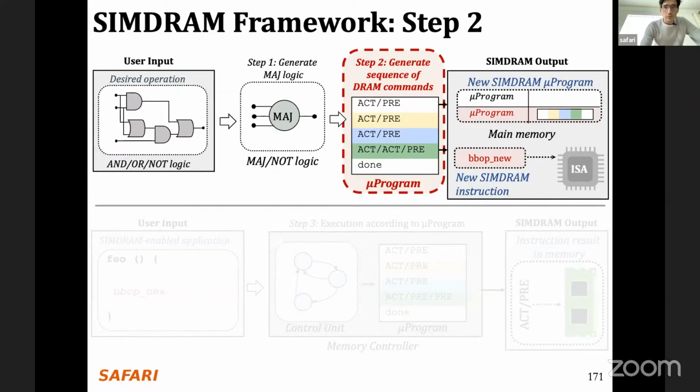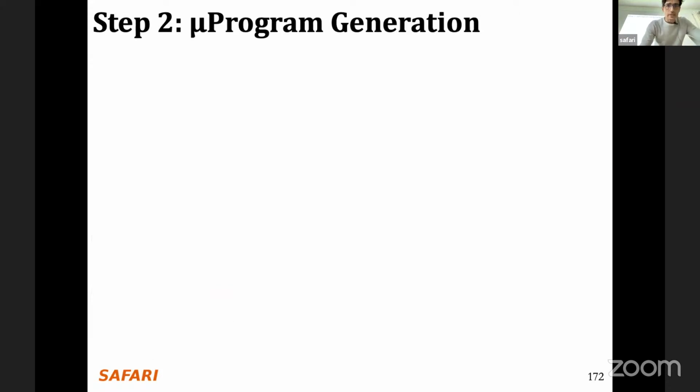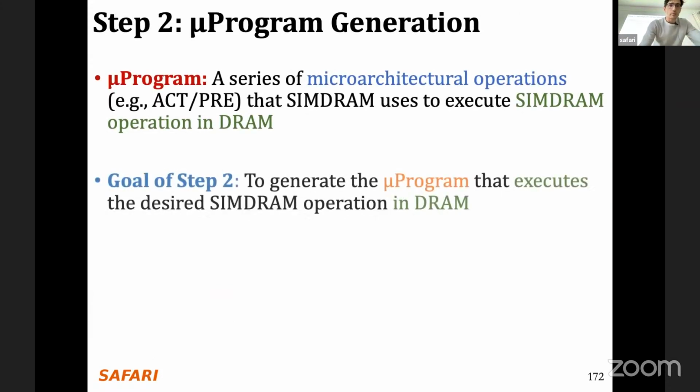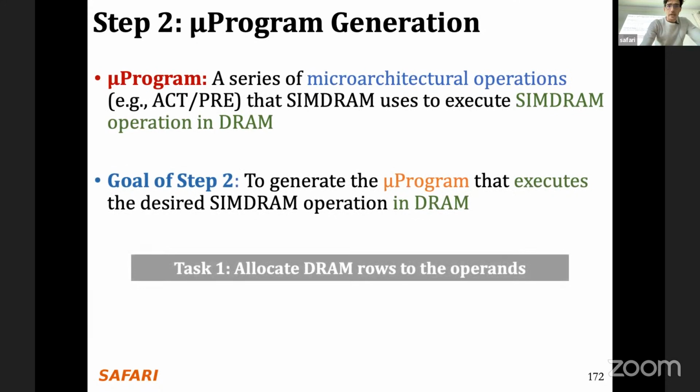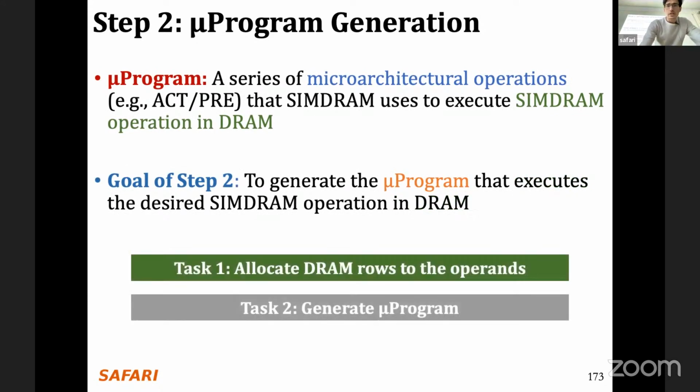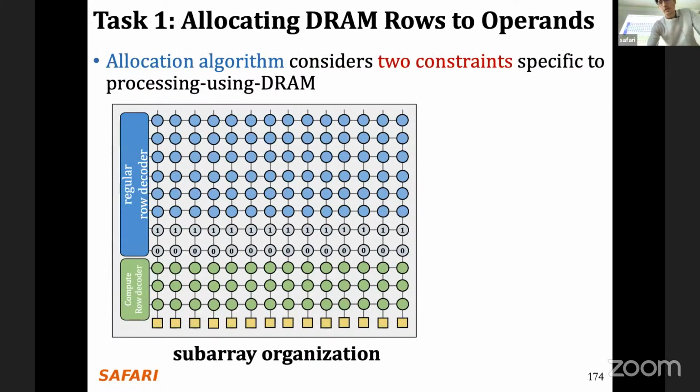Once we have that, we go to the second step, and in this second step, we need to generate the microprogram. The basic idea is first to allocate the operands to the DRAM rows and then generate the microprogram itself. So in order to allocate the operands, we need to know how the DRAM subarray is organized. I mentioned this earlier. We cannot use all rows in the subarray to compute, just a few ones.